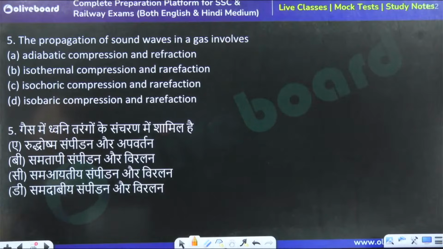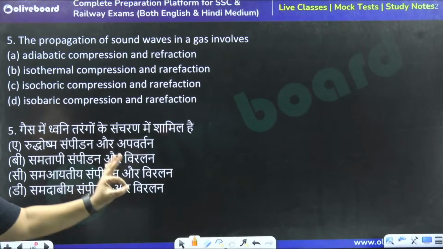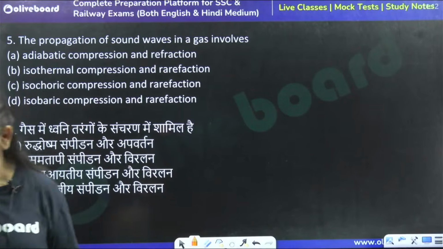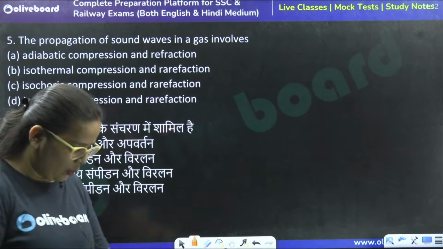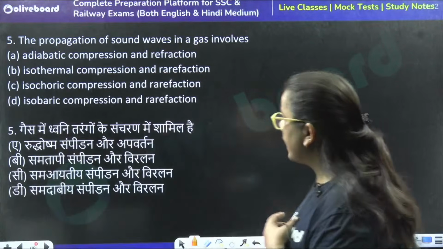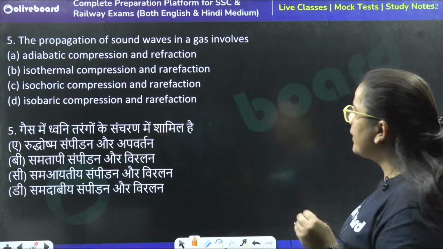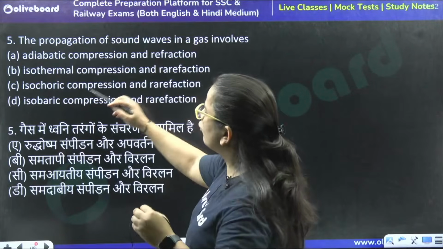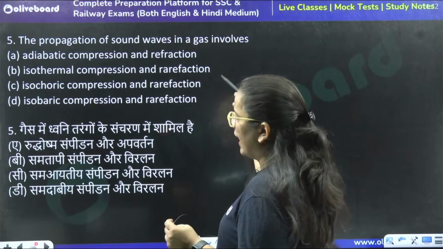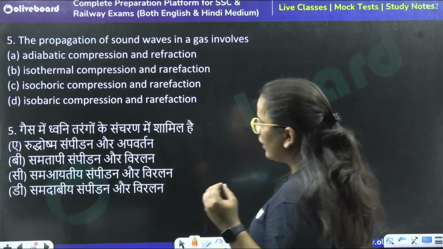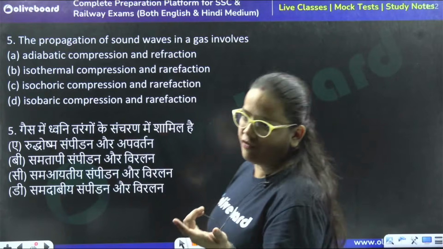Next, your next question is, the propagation of sound wave in a gas involves... The options are adiabatic compression and rarefaction, isothermal compression and rarefaction, isochoric compression and rarefaction, isobaric compression and rarefaction.